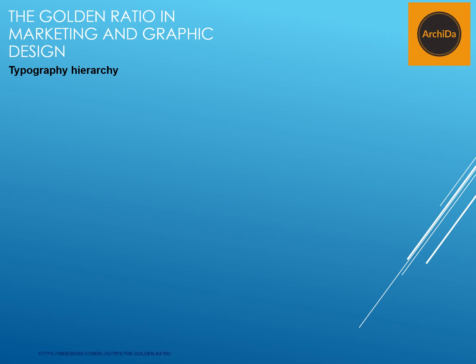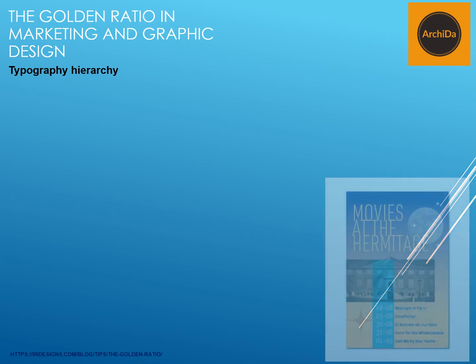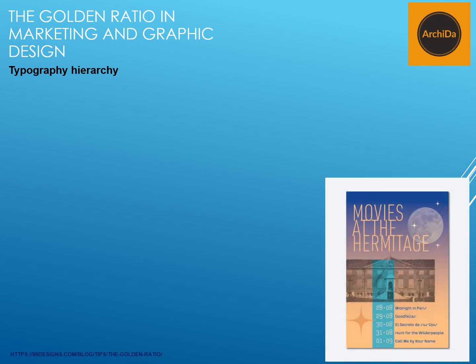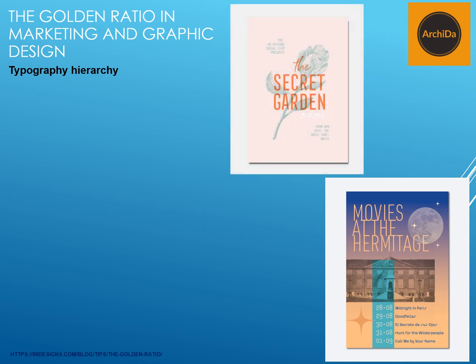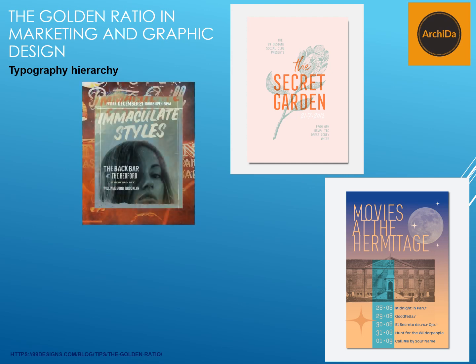We now go to the golden ratio in marketing and graphic design. In typography hierarchy, when creating any design that uses text, always consider messaging hierarchy in your layout, whether it's a poster, a wedding invitation, or a website layout. You can use the golden ratio to guide your typography sizes.